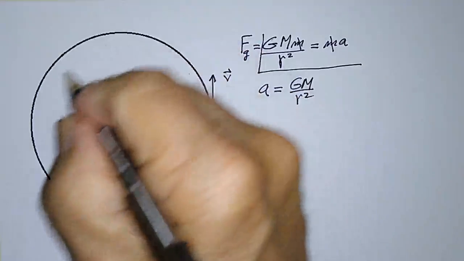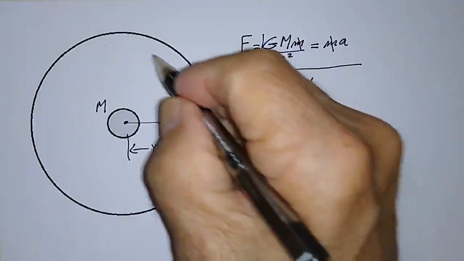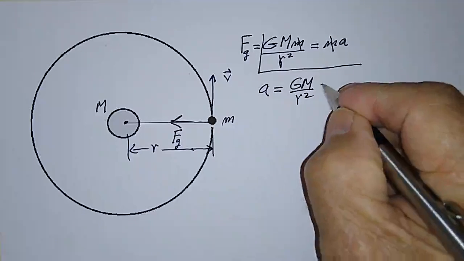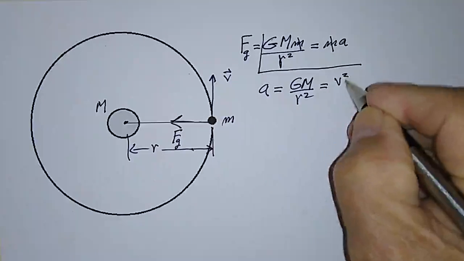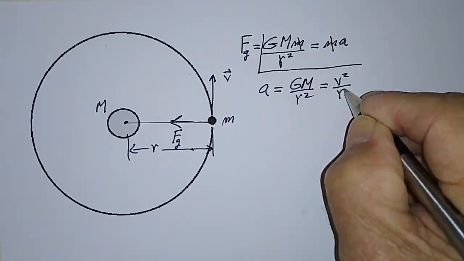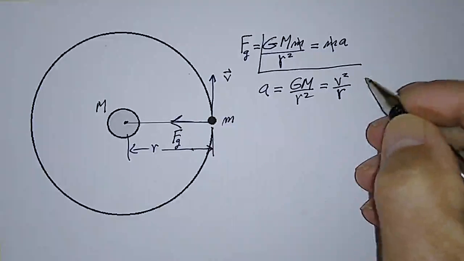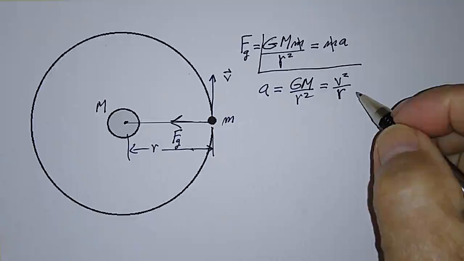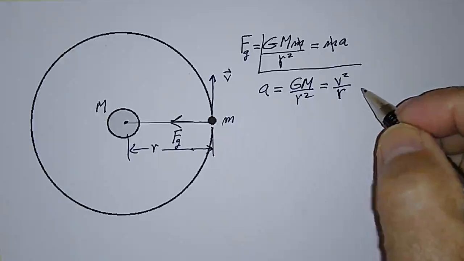But the centripetal acceleration for an object moving at constant speed in a circle is just equal to v squared over r. And if you want to see how to do that, you can look in one of my other videos in the miscellaneous playlist.